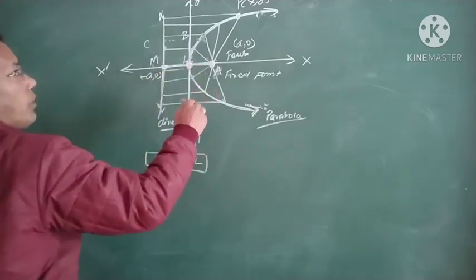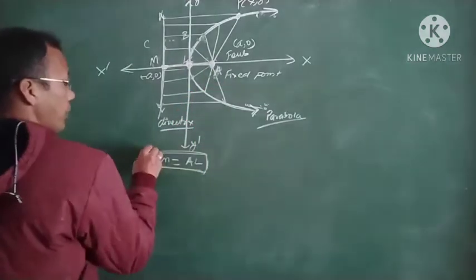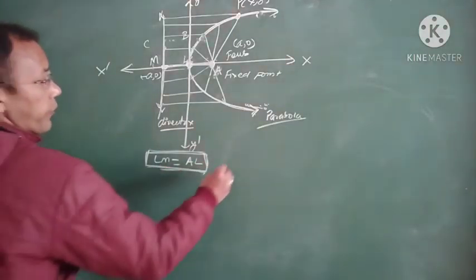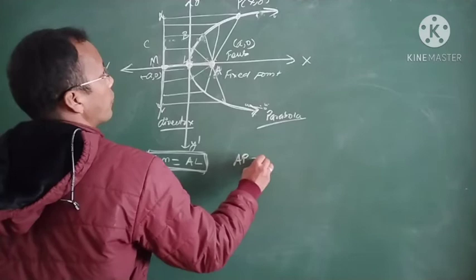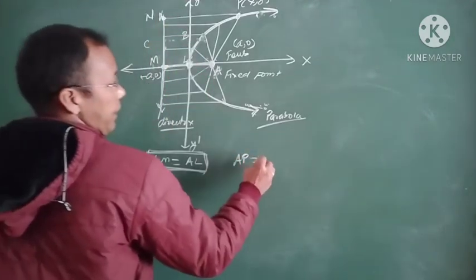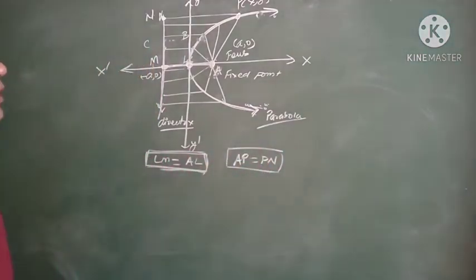Now write down that LM is equal to AM. Oh yes, we can write AP is equal to PN. Right? AP is equal to PN.